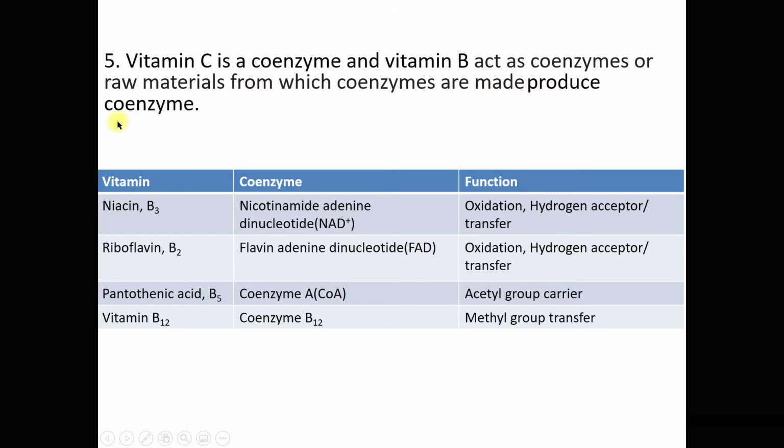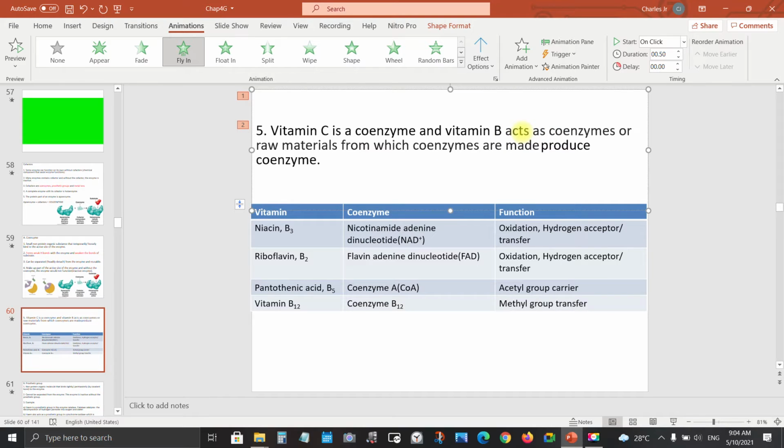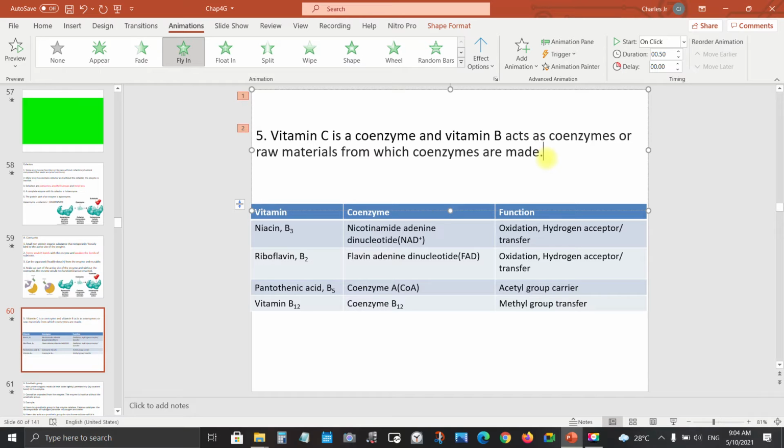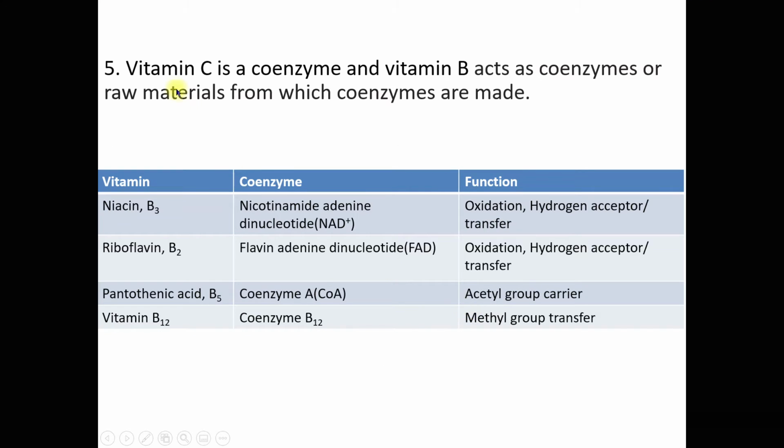So vitamin C is a coenzyme, and vitamin B can act as coenzymes or as raw materials to synthesize coenzymes.